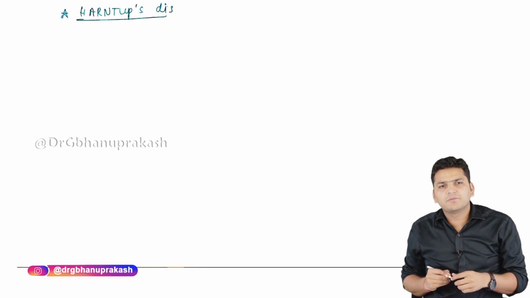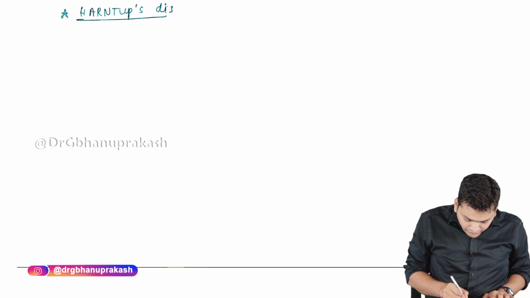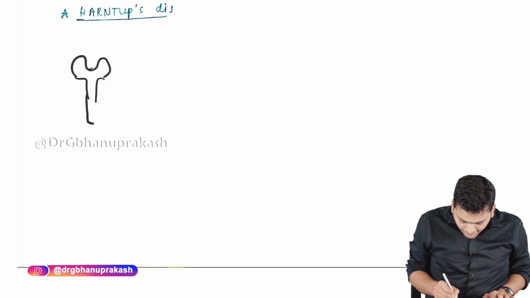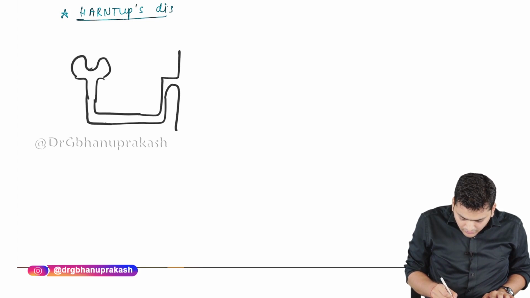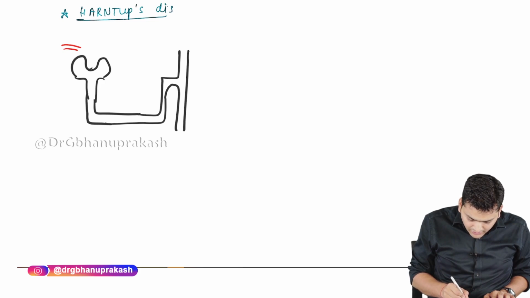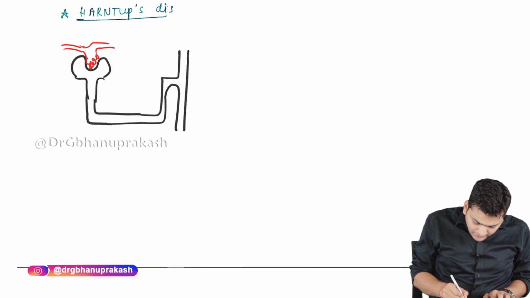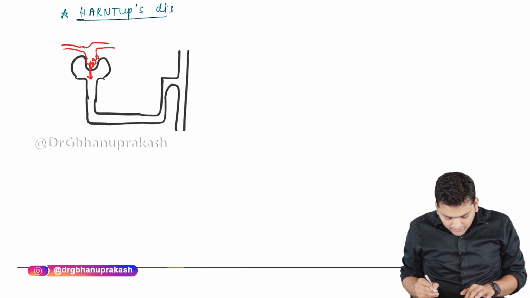Let's understand what Hartnup's disease is, right? The structural and the functional unit of the kidney is the nephron. Let's say this is the diagrammatic representation of the nephron. Normally, in the filtrate, this is the afferent arteriole, the glomerulus and the efferent arteriole.